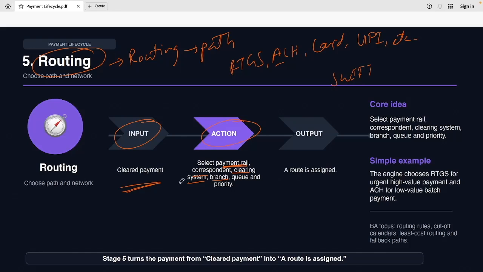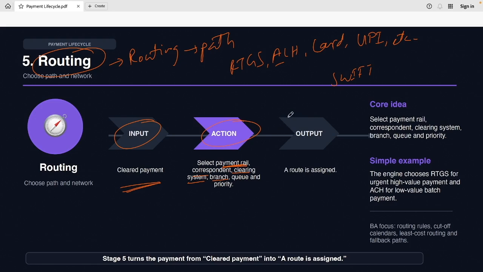Now, when we say routing, there are multiple decisions involved. The system that routes may consider the payment amount, the currency, the destination country, the beneficiary bank, urgency of the payment, the cost involved, the cutoff time, network availability, regulatory rules, customer preference, and bank membership in the clearing system.